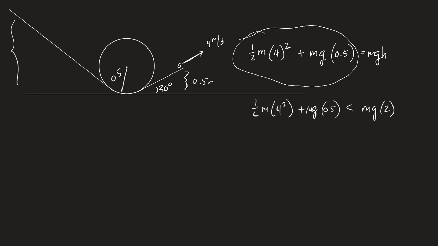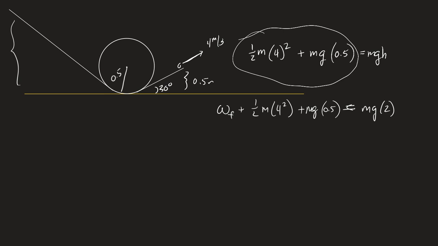Right, we can empirically show that right now if we really want to, but it's got to be greater. So whatever I have to add to this to make this equal has to be the work done by friction. Does everybody follow that? We're trying to trace the energy here.